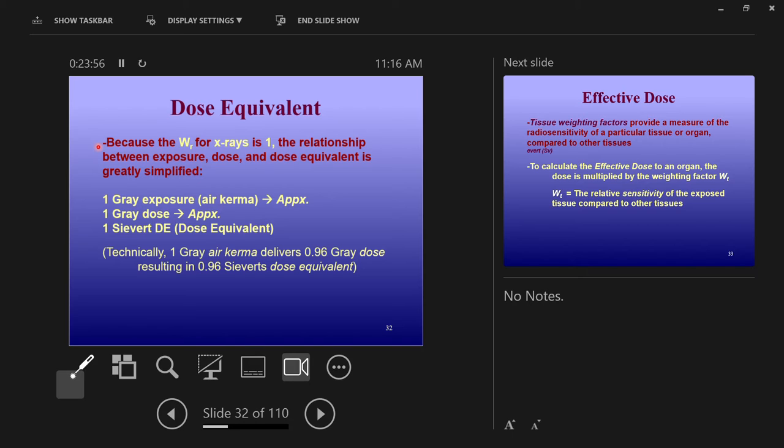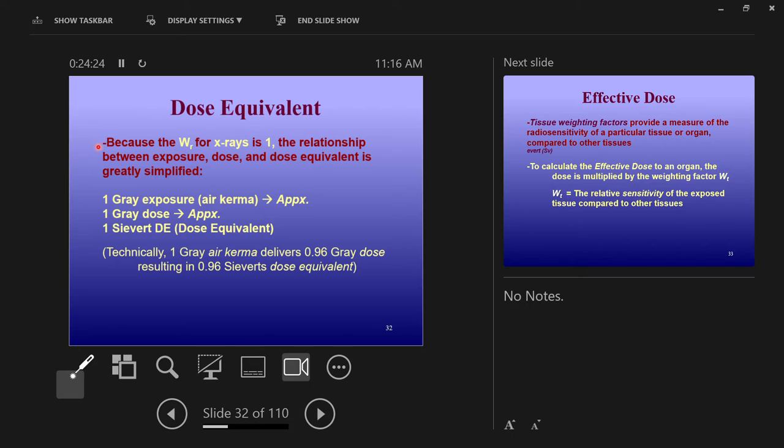So the sievert dose equivalent is used for workers, right? Occupational workers. Sv for workers, and gray for our patients. In other words, we use dose for our patients. And then we get the exposure. Exposure and dose are almost interchangeable.